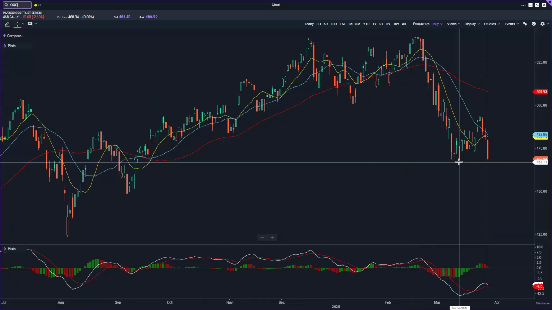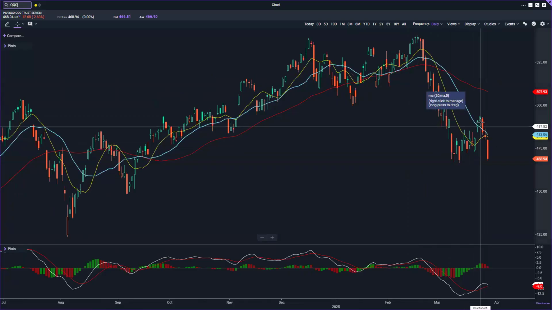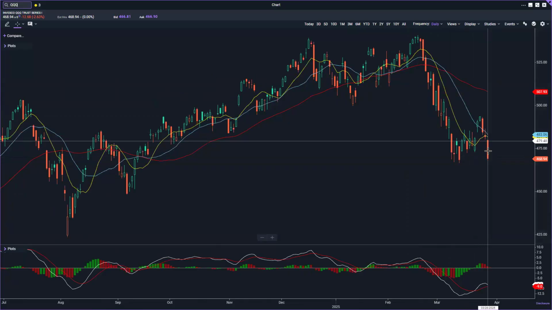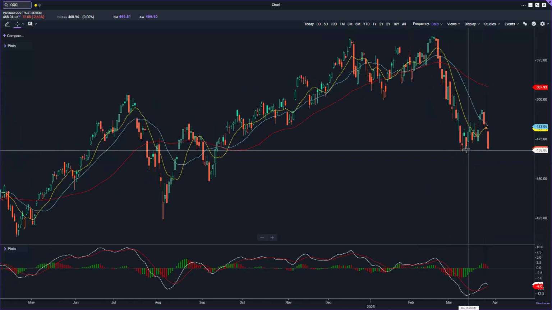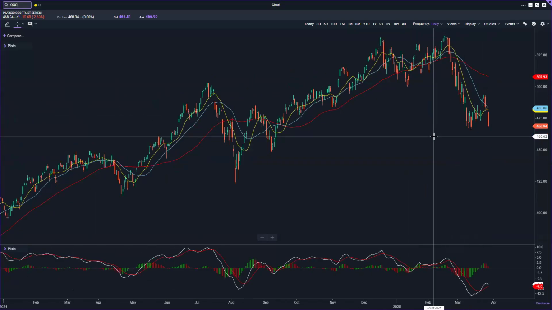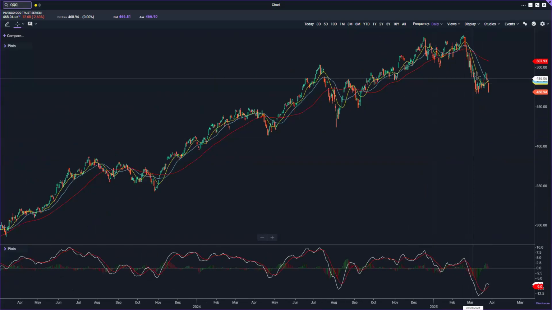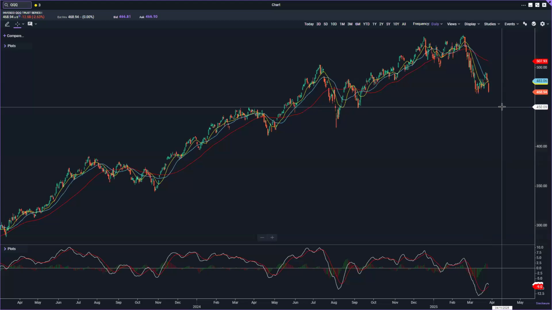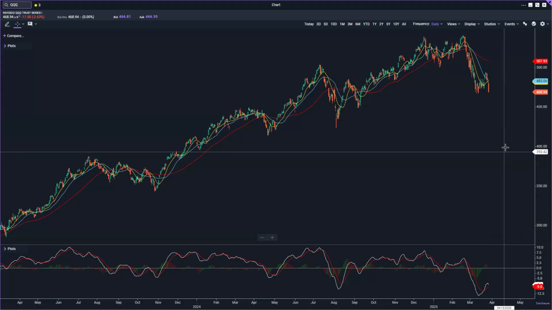Back on March 13th, we saw that low. For 2 weeks, we got a little bit of a climb there up to that blue 20. Now we're rejecting hard, pulling back. And tech was overbloated there, so I'm expecting tech to see a further pullback here as well. I could see 450 easily on Qs, possibly this week with the tariffs kicking in. And then longer term there, I think we could easily see that 400.